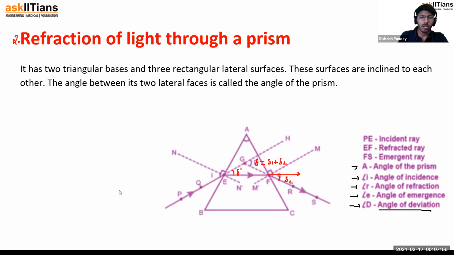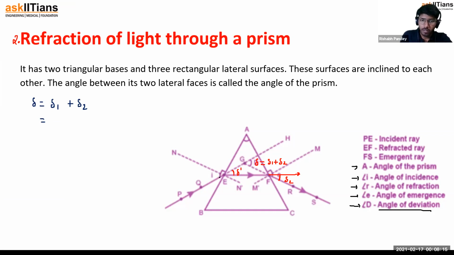Am I clear? Now if I extend this, delta is equal to delta 1 plus delta 2, where delta 1 is what?